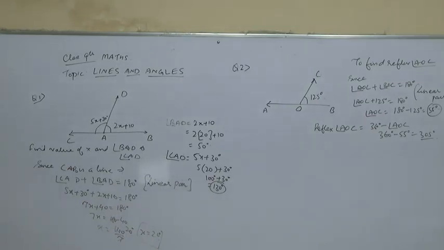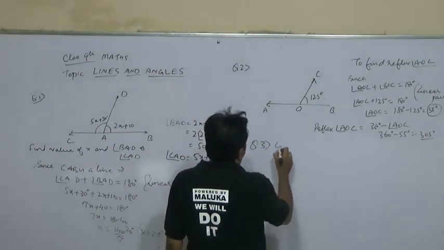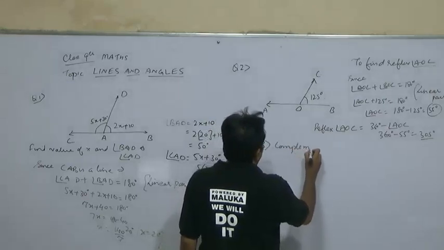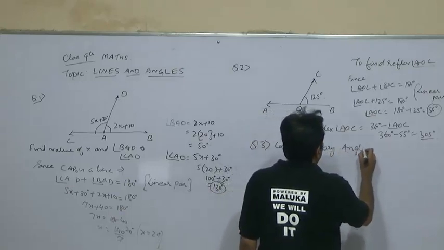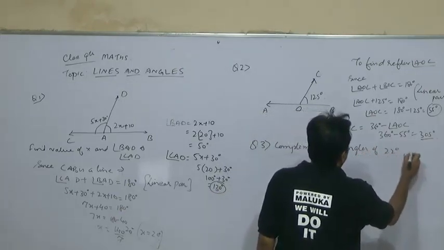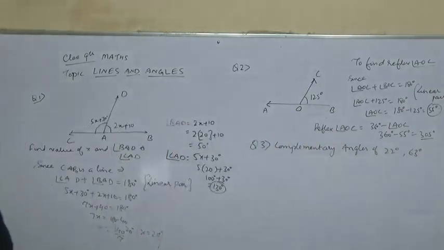Then next is, find the complementary angles of the following angles: 22 degree, 63 degree. So very easy, as we did the definition of complementary angles yesterday. What are complementary angles? These are the angles whose sum is 90 degree. So if you want to find the complement of any angle, we will subtract that angle from 90 degree.